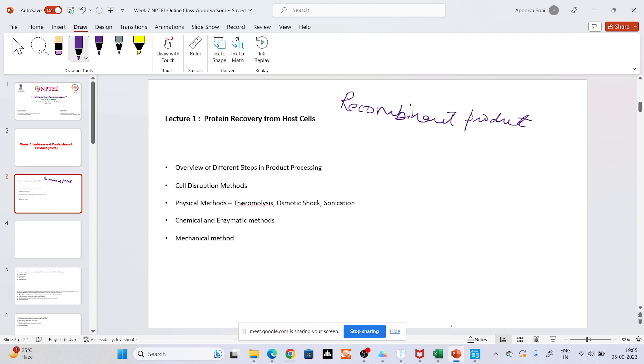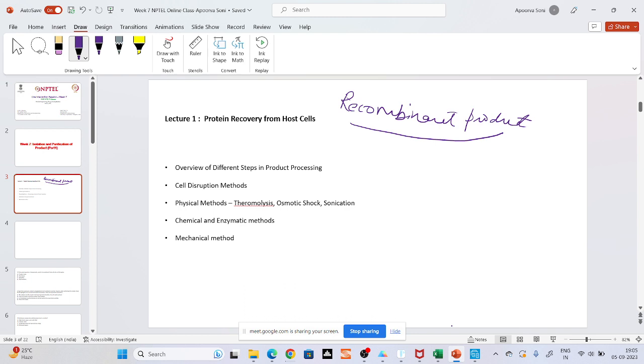So now we have produced a recombinant product. How did we produce it? In the first stage, we amplified the gene of interest from the genomic sequence, and then we took a vector with the same restriction enzyme. We digested our insert as well as the vector, we ligated it, we transformed it, we screened it, and we got the product.